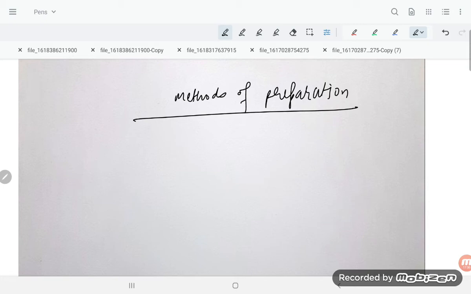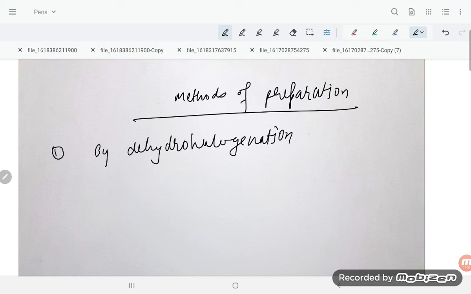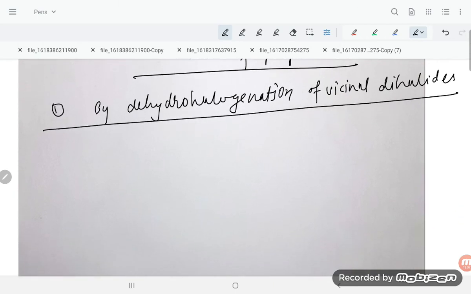In the very first point of the methods of preparation, let us see, student, it is by dehydrohalogenation of vicinal dihalides.